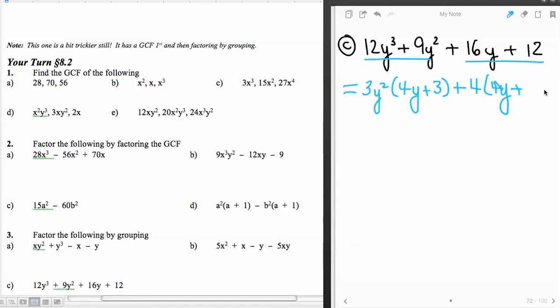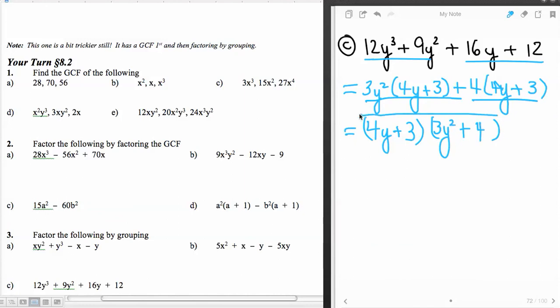And then out of the second one, 4 comes out of 12 and leaves me with a 3. And now 2 terms here and here, and so I can see that my binomial GCF, I'll write it down as 4y plus 3. And that leaves me ready for a binomial here. Out of the first term, I'm left with a 3y squared, and out of the second term, I'm left with a 4. And that will be it.